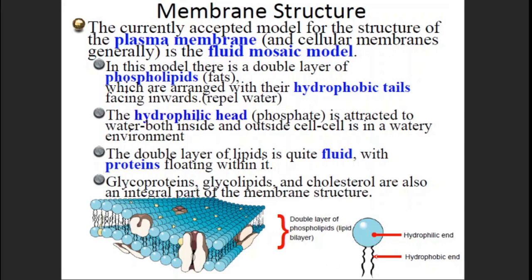So this structure forms a bilayer, and these are the proteins which are associated with these membranes. The glycoproteins, glycolipids and cholesterol are also an integral part of the membrane. That is, they are part of this cellular membrane.